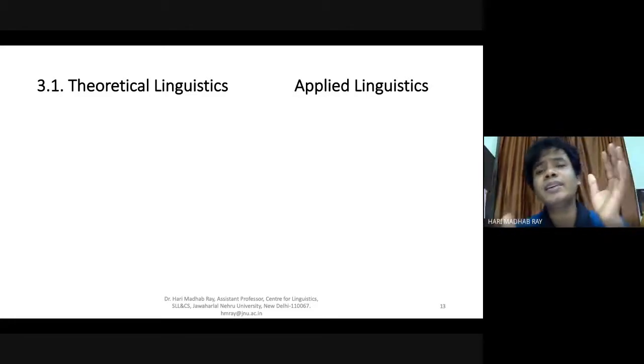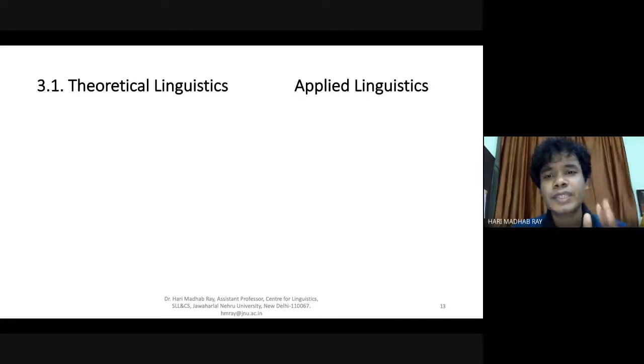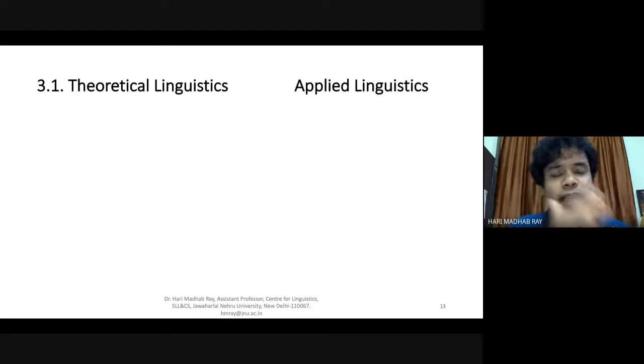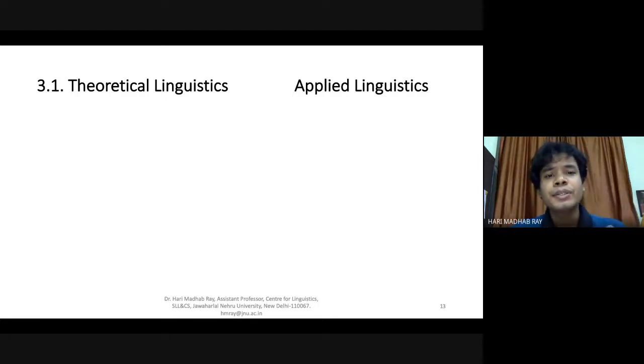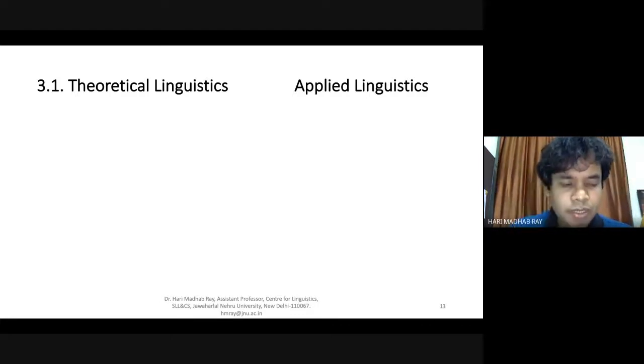So it's a kind of symbiotic relationship at times, and even theoretical linguistics gets many things from applied linguistics.